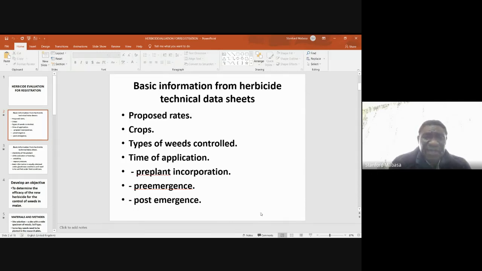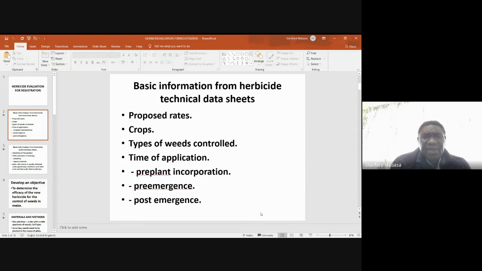This information involves proposed rates, the crops where this herbicide is going to be used, the types of weeds which are supposed to be controlled, then the time of application.